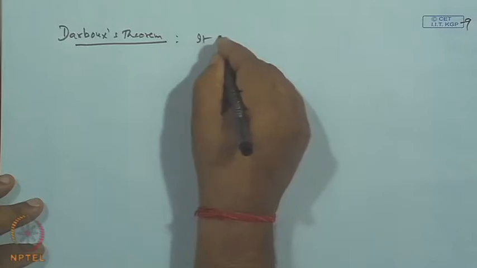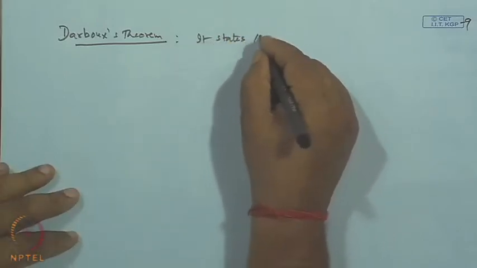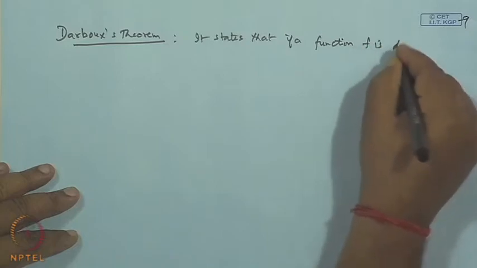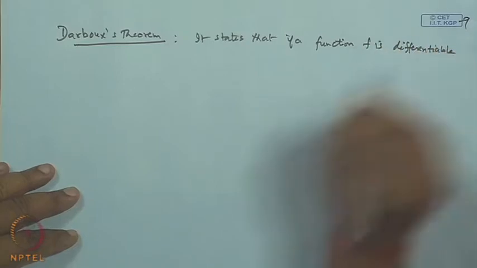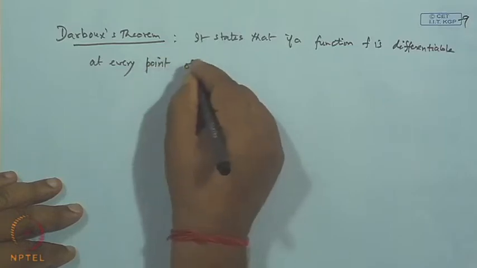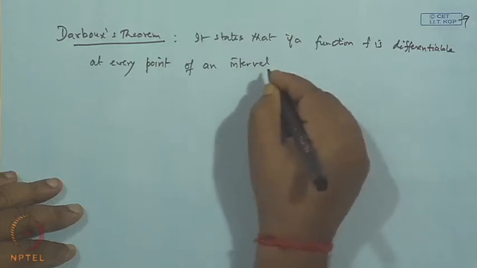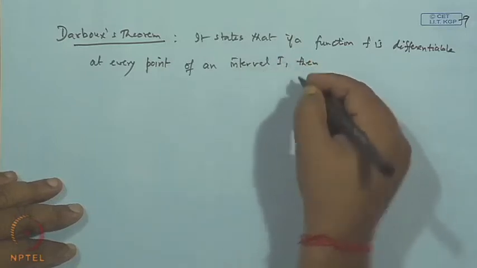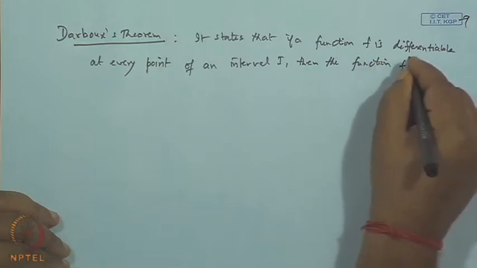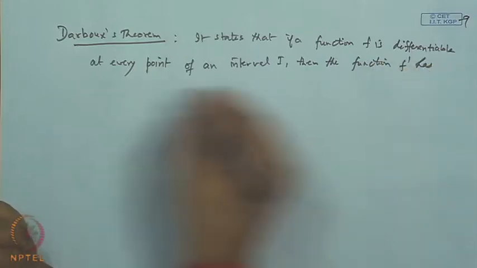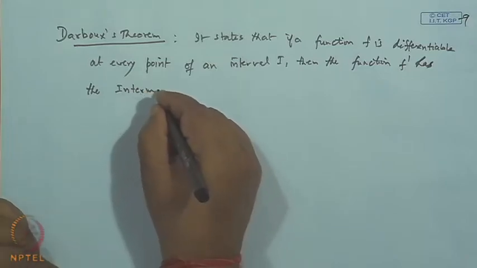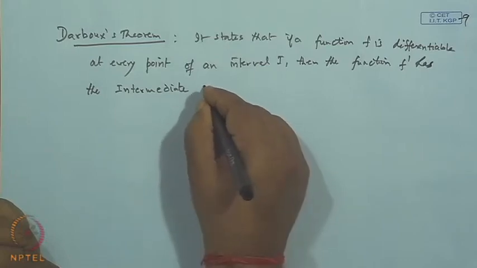It states that if a function f is differentiable at every point of an interval, say I, then the function f prime, that is the derivative of this function f, has the intermediate value property.